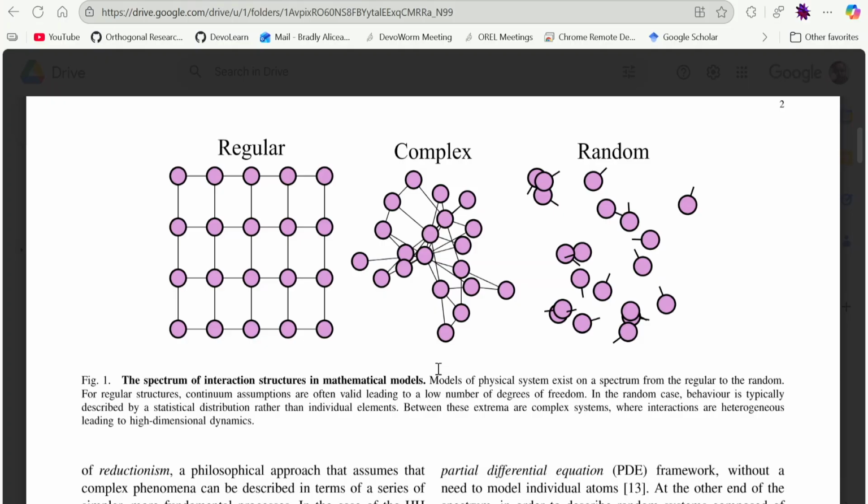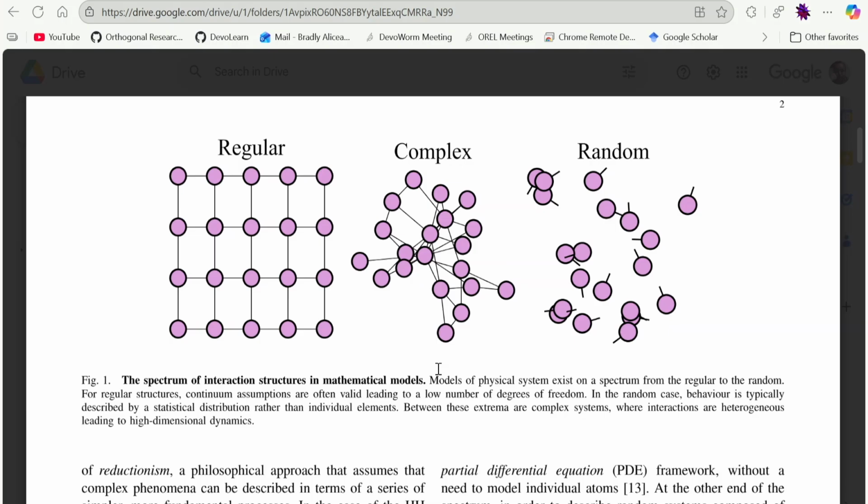The experimental manipulation has the order that we're looking for. And so this is regular, random, and then complex sits in the middle. So complex has features of the random. It's heterogeneous. It's irregular, but it's also regular. There are some regularities there. And so that's what we're looking for, this complex regime.